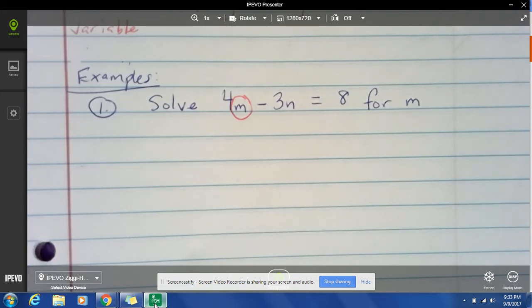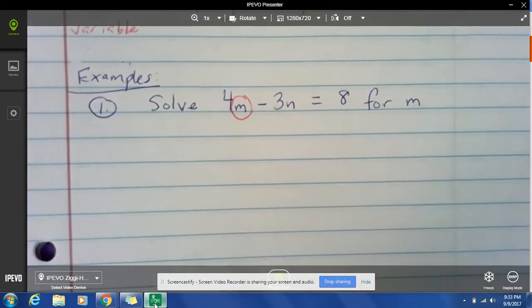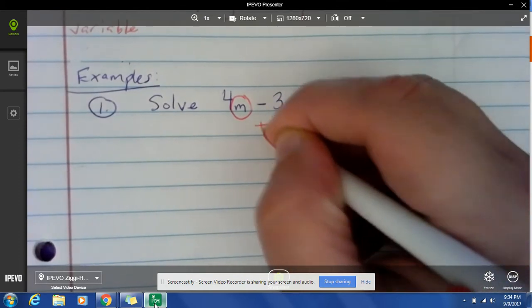The next thing we look for, if you recall, is what's being added to or subtracted from the variable. If we look at the m, we see that we have 3n being subtracted from the 4m. So we want to move that over to the other side. And of course, the way we get rid of something or move it to the other side is we use an opposite operation. So over here, we're going to add 3n.